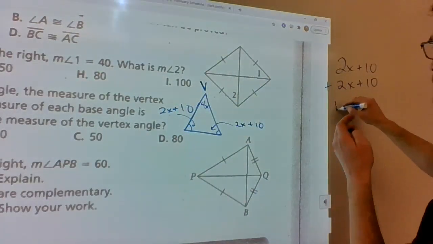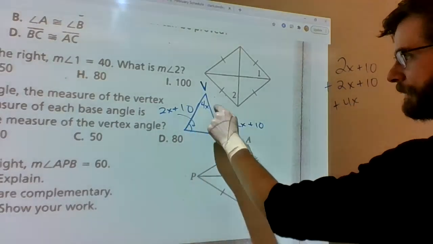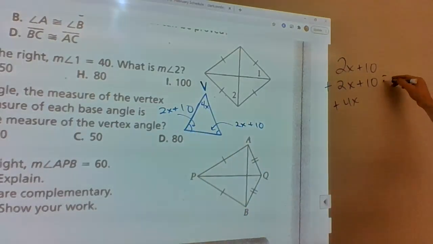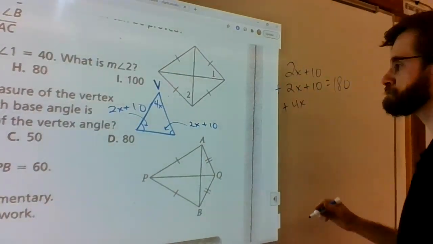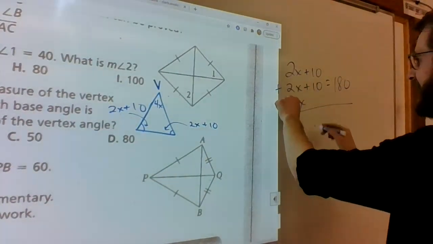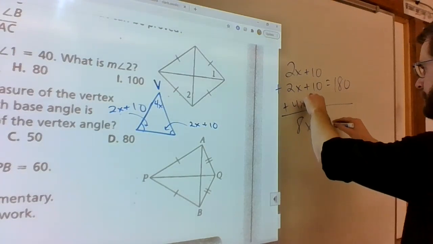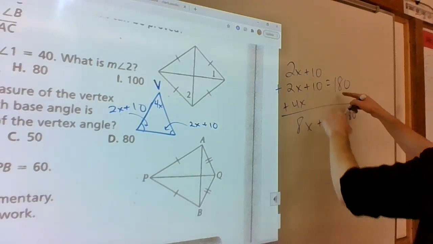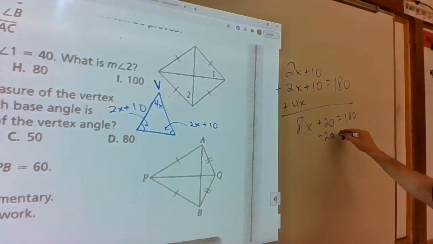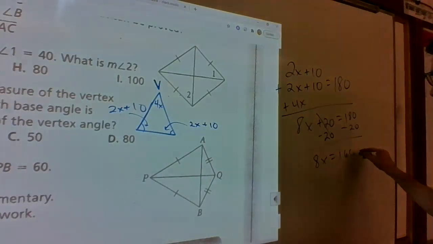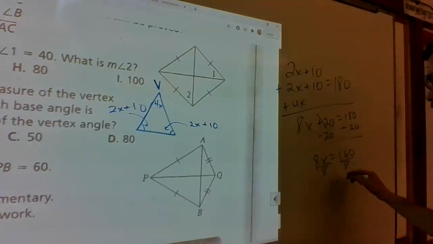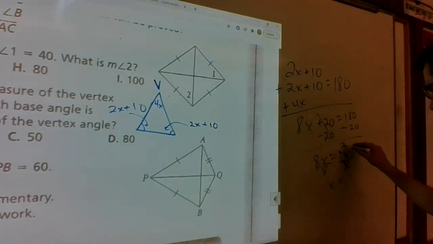All three of these angles, they add up to 180 degrees. So 8x plus 20 equals 180. Take away the 20, divide by 8. x equals 20.